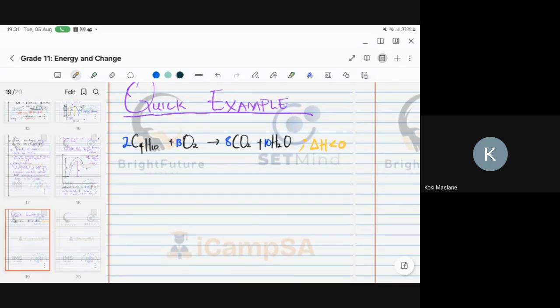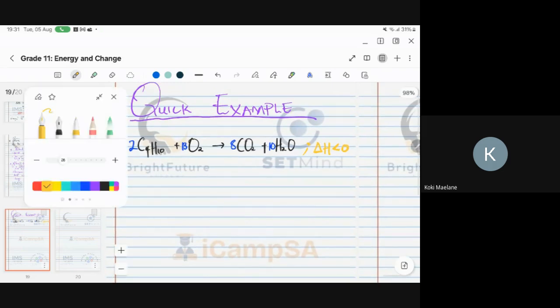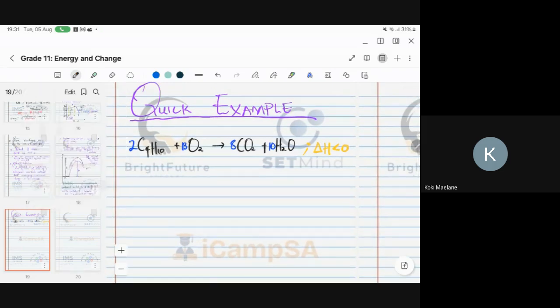And then what would happen is you would be asked, and I'm asking you this now, based on what we just did: is this reaction endothermic or exothermic?